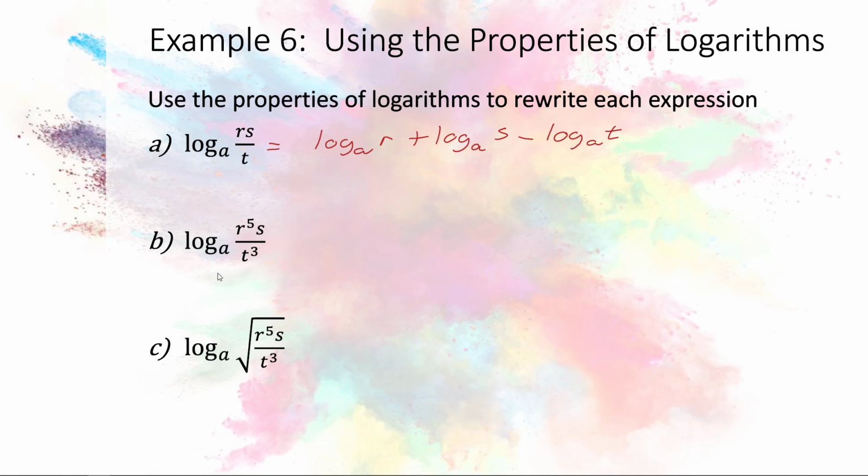What about b? Well, here we can write this using the product and quotient properties as log base a of r to the fifth plus log base a of s minus log base a of t cubed.